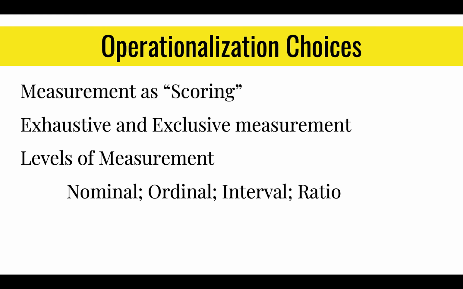Okay, so moving on to exhaustive and exclusive measurement. So every variable needs to have two important qualities. First, it should be exhaustive. And so this just means that it's described in full measure, right? That the variable has to be classified in terms of its attributes, right?